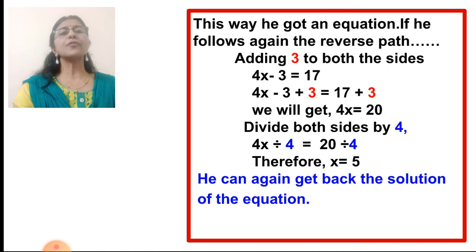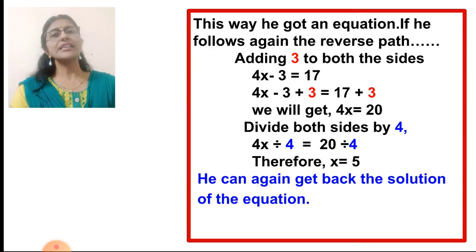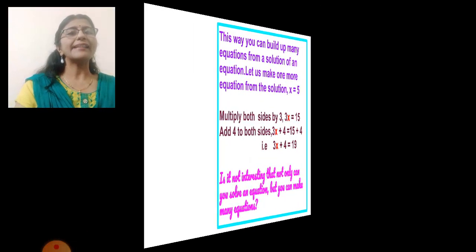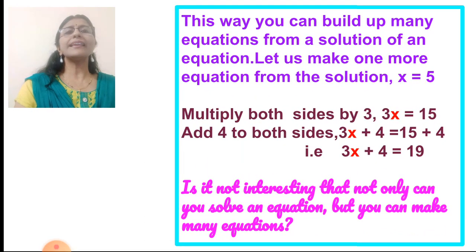Now to remove this 4, he will divide both the sides by 4. So dividing both the sides by 4, 4x divided by 4 is equal to 20 divided by 4. So therefore he gets again x is equal to 5. So he can again get back the solution of the equation. So this way you can build up many equations from a solution of an equation.